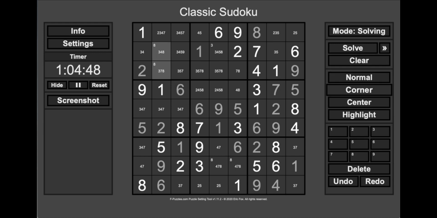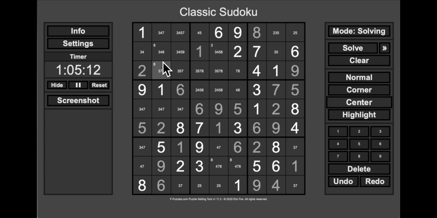Let's see, I've now got an 8 in these two, but that doesn't help me with anything else, or maybe it does. Okay, that 2 tells me this is not 2. 3, 4, 7. Annoyingly, that's 3, 7, 8. 4, 7, 8 left.